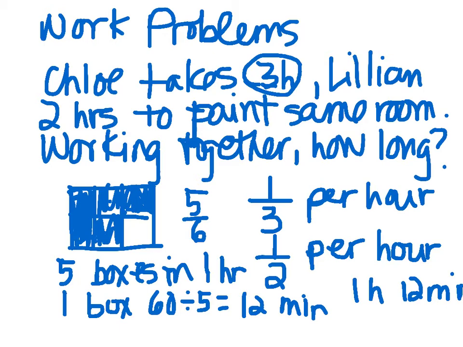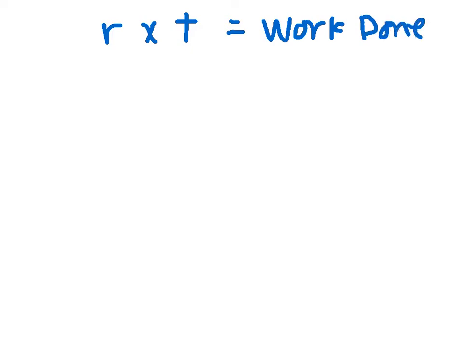But in using algebra, it can actually be quite simple. What we already know. Whenever we're talking about how fast something takes, we can say rate times time, and in this case, will equal the work done. If I want to chart that same problem, I've got Chloe. And as we said, if she can do the whole thing in 3 hours, her rate is 1/3.